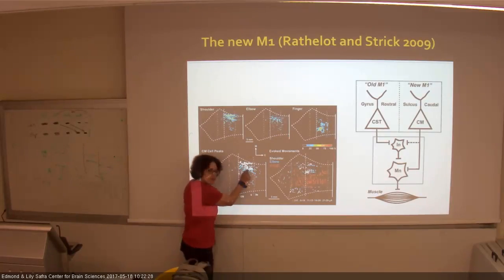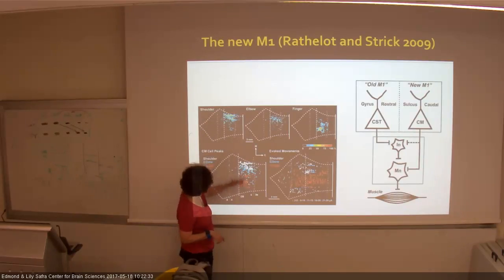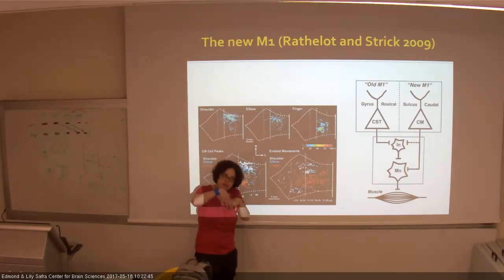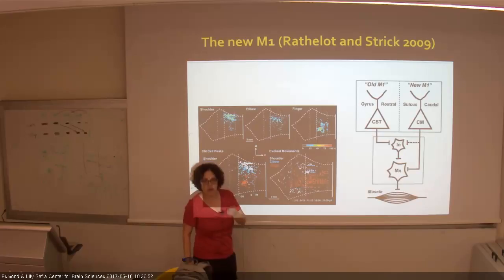You can see the location, this is the anatomy, and this is the evoked movement. So you stimulate here in the motor cortex, and you evoke different types of movement, of finger, elbow, and shoulder. And if you look deep in the central sulcus, there is an enhanced concentration of cortical motor neuronal cells.